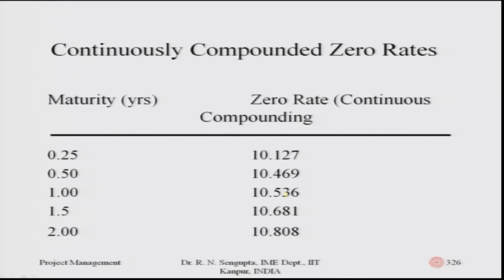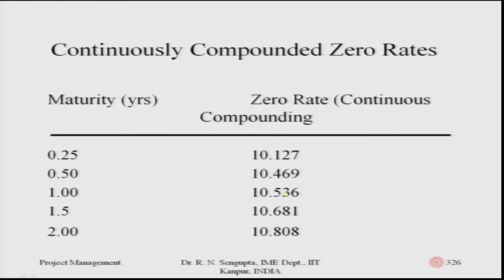Then if I go to the second row, for half a year it is 10.469, for 1 year it is 10.536, which is the third row. Corresponding to the fourth and fifth rows, for 1.5 years it is 10.681, and for 2 years, which we just calculated in the 325th slide, it is 10.808.